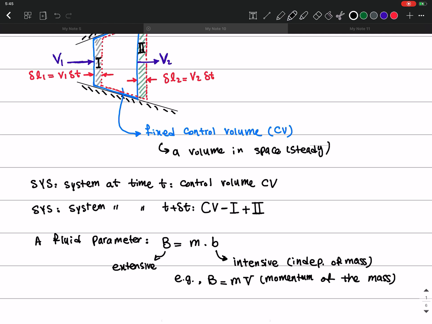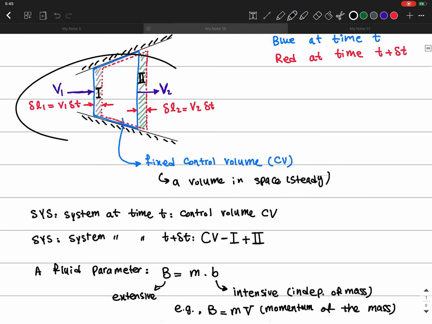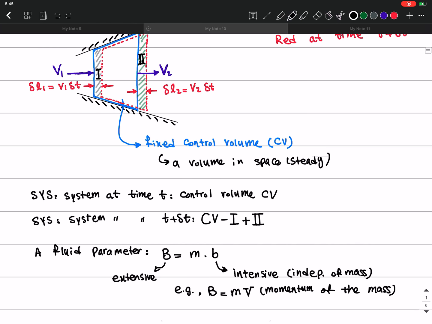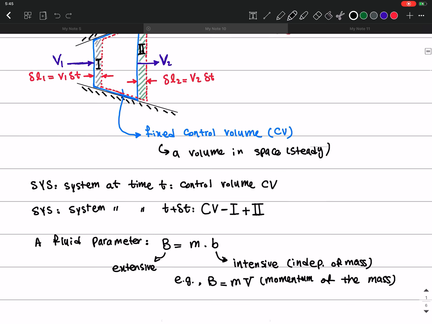So now I want to write any fluid parameter, an extensive parameter, for this system of fluid. It's a very general thing. It can be velocity, it can be acceleration, it can be temperature, and other things.